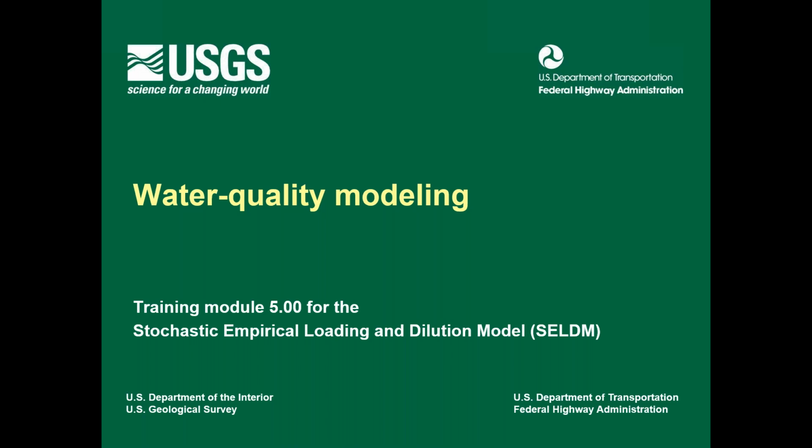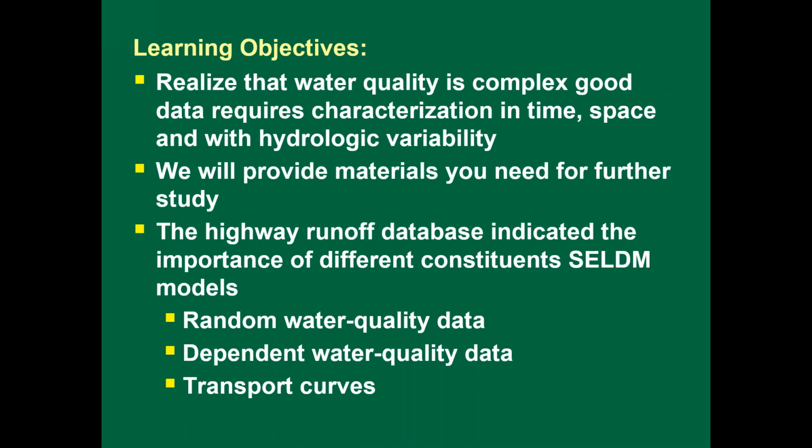All right, I am just going to give a quick overview of water quality modeling in SELDM. Our learning objectives are to realize that water quality is complex. Good data requires characterization in time, space, and with hydrologic variability.